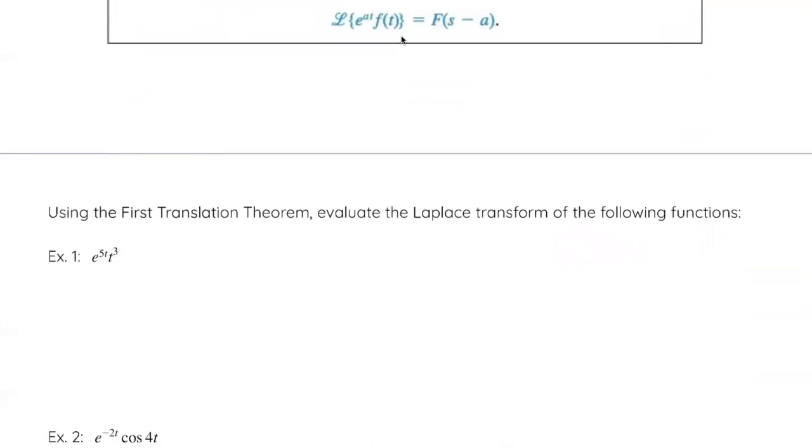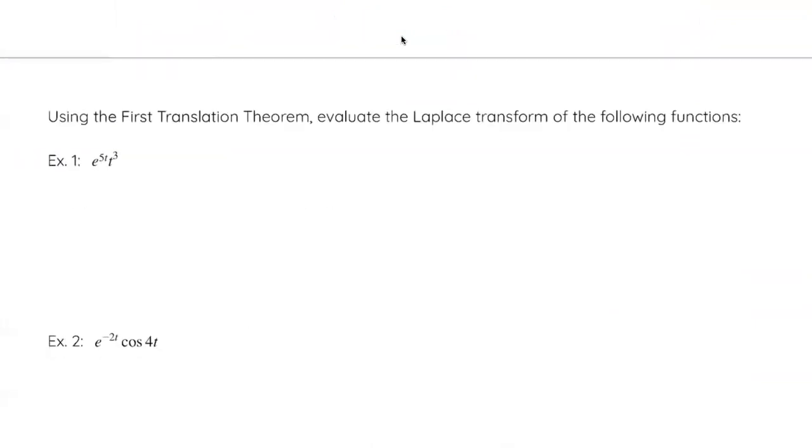So let's go ahead and practice a few of these, okay? So it turns out that when we are looking at these, the translations we're going to talk about today actually help us move through a question a little bit more smoothly, okay? And so we're going to use this first translation theorem to evaluate the Laplace transform of each of these following functions, okay?